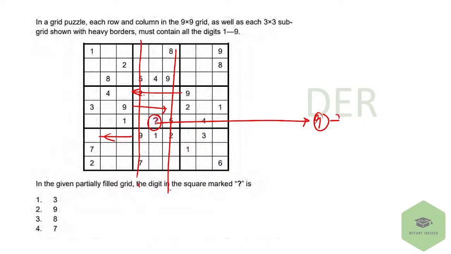Because the grid is not completely filled, we need to go with the help of options only, and then only we can get the final answer. So in this partly filled grid, this question mark is the area where 9 could be there. Is the question clear to everyone?